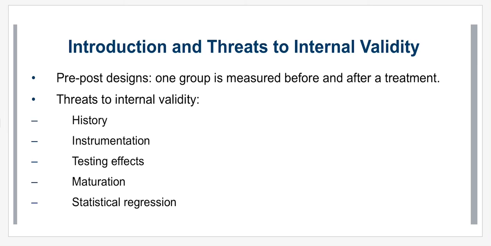Because it's one group and they are being tested over time, more than once before and after treatment, the threats to internal validity here are the same as they were in chapter 9, time-related threats. And remember, there's these five right here: history, instrumentation, testing effects, maturation, and statistical regression.